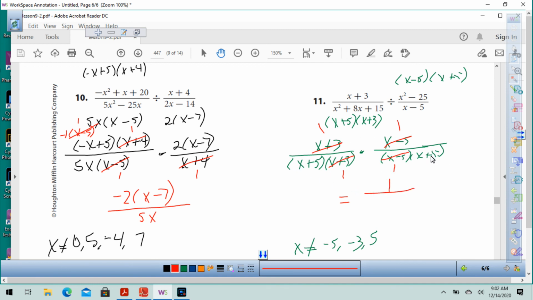And then x plus 5 times x plus 5. You can write it as x plus 5 times x plus 5, or you can just write it like that. And the excluded values are negative 5, negative 3, and 5. Okay, and let's check here. Negative 5, negative 3, 5 we got, and negative 5 we got. All right. Excellent.